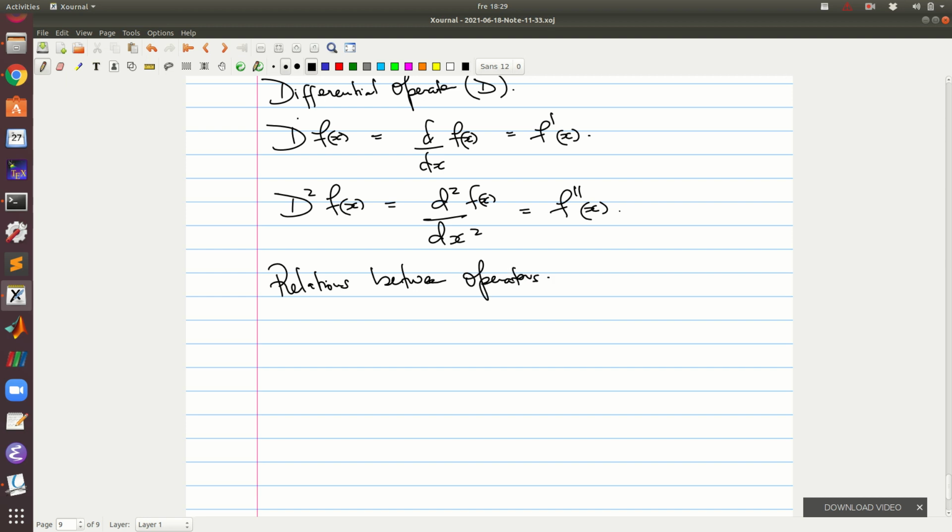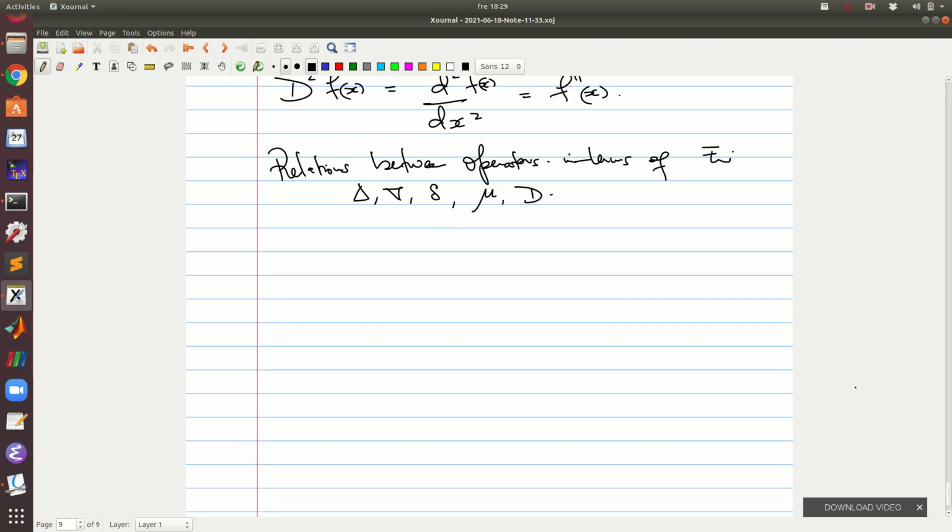Of course, we cannot complete everything, but in particular I take us to look at the relation between the operators in terms of the shift operator E. Remember we looked at the forward difference, the backward difference, the central difference, the definition of the average operator, and then we also have the differential operator. We are going to write a series of results here, but most of them simply follow from the definitions.